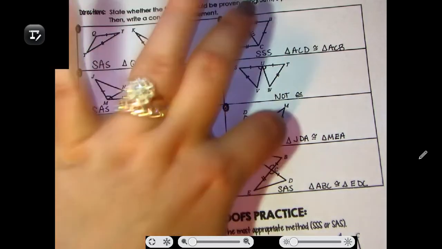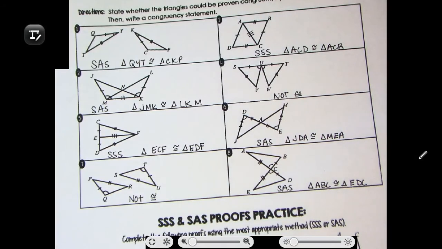You could say that those are alternate interior angles. That's a little bit harder to see. You might have seen that, you might not have. It's okay. This is still just beginning practice, but we could use side, angle, side and say that those are congruent.